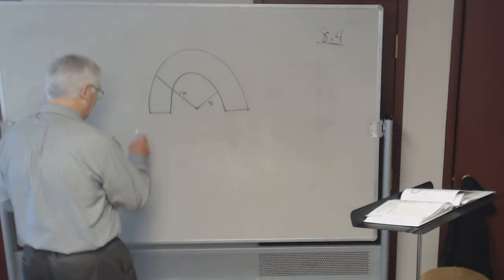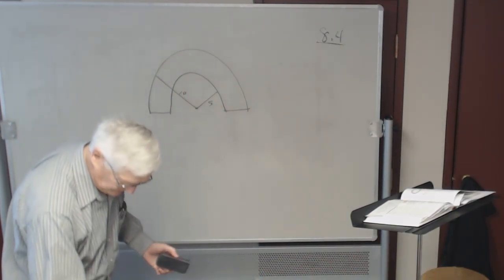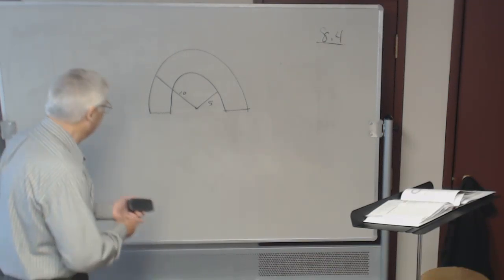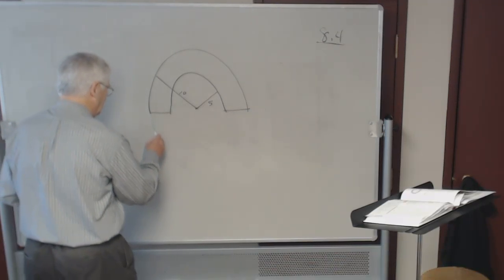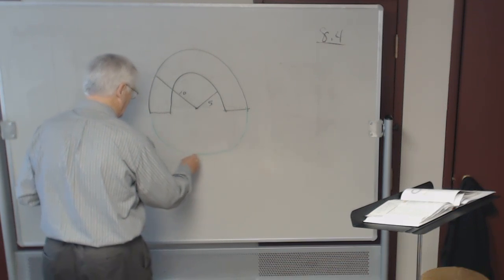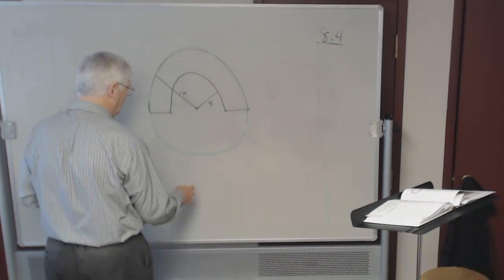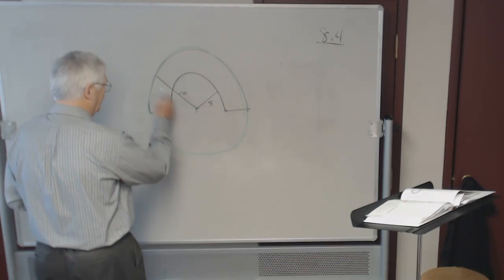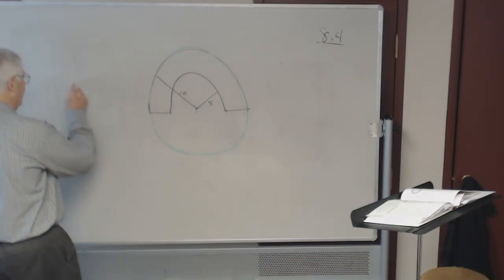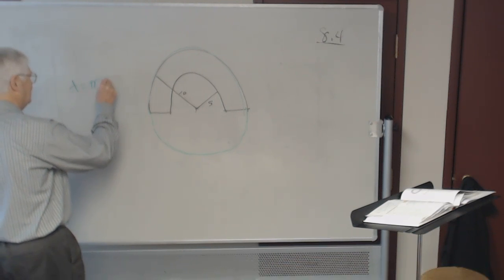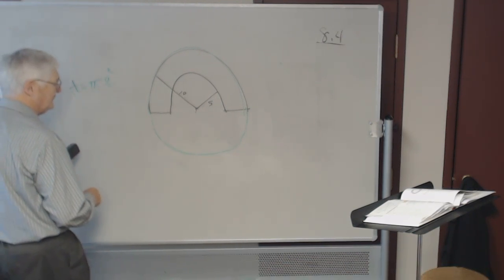So if we did the whole circle, let's just change colors here. If we did the whole circle and said what's the area of the whole circle, that would be, with the area is pi times the radius squared for a circle.